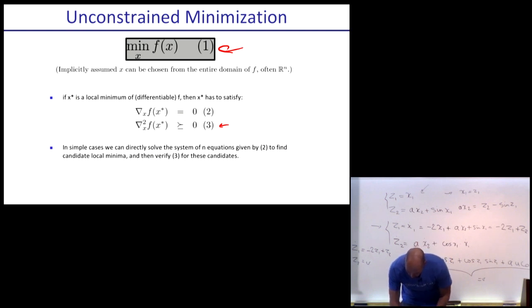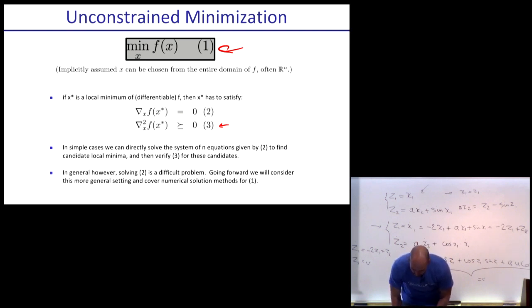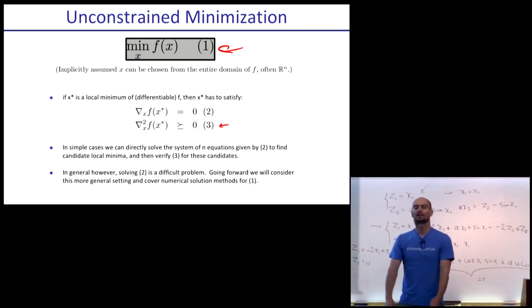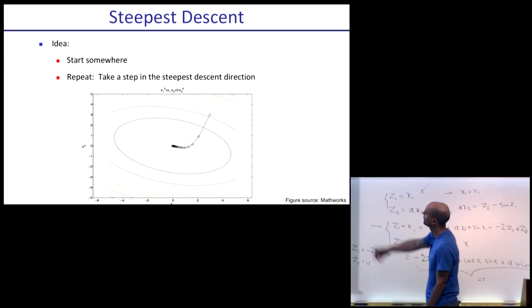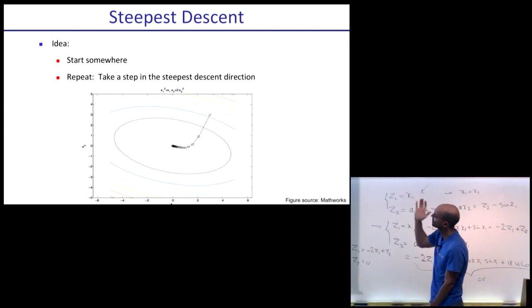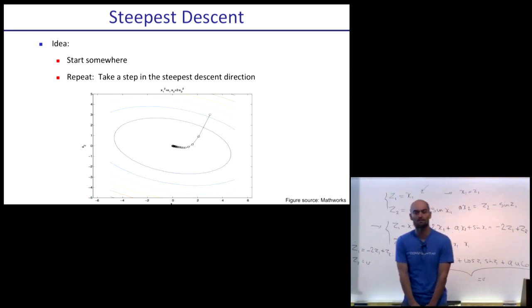Now, in practice, we're going to have to resort to other things most of the time. We're going to have to resort to a more iterative procedure, where when we have some function f of x, let's say x1 squared plus x1 x2 plus 3x2 squared, then we're going to have contours, and we're going to try to find our way to the bottom.